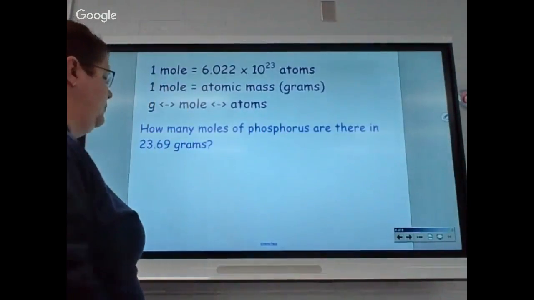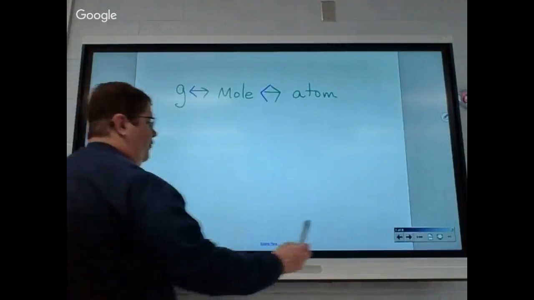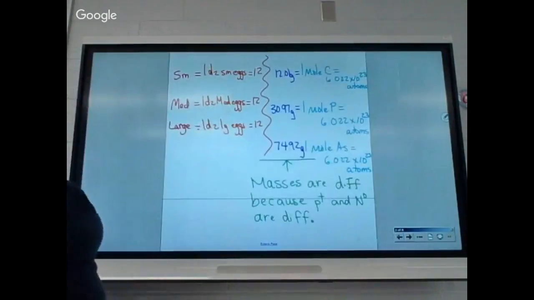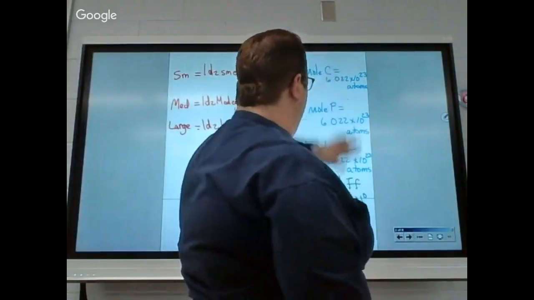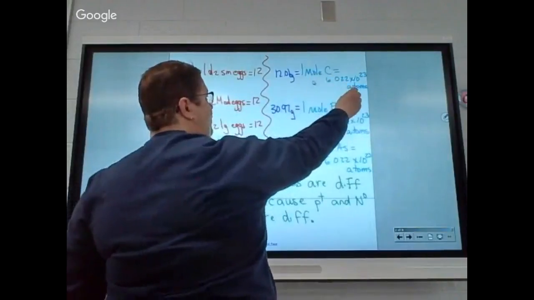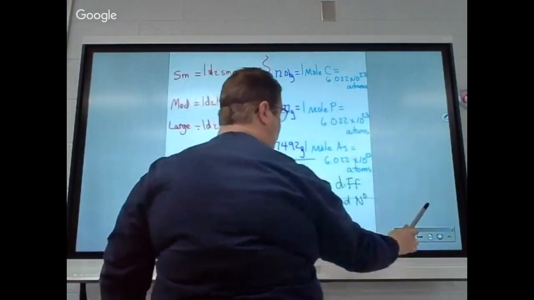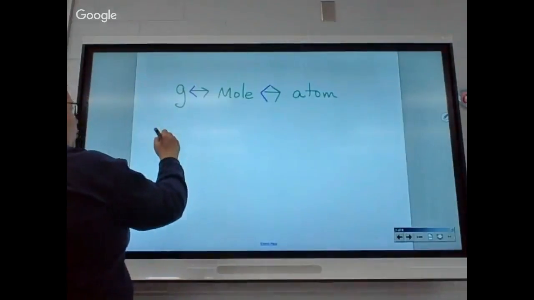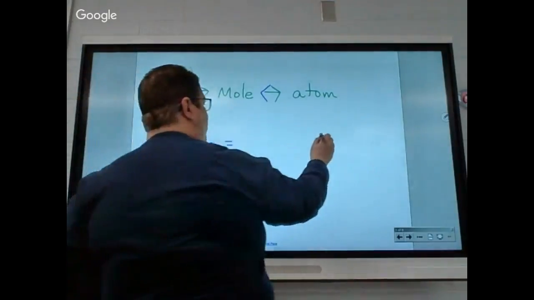Now, oops, forgot something. So, from this right here, what two conversion factors have we gotten out of this? All right? What's this conversion factor that we just wrote down? Okay, so moles to atoms. So 1 mole is equal to what?